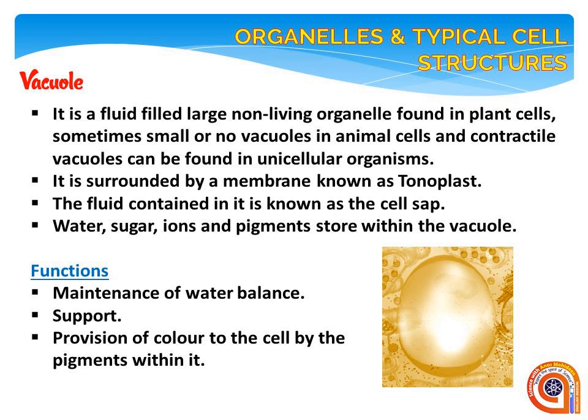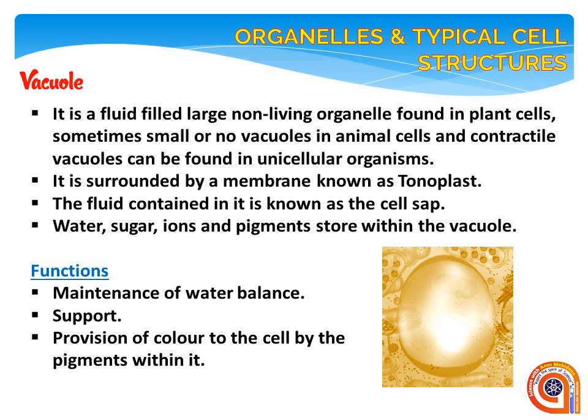So you see there, it is a fluid-filled, large, non-living organelle found in plant cells. Okay, the vacuole is non-living and it is filled with liquids. And these liquids, or the substances filled within the vacuole, is what we term as the cell sap. And the surrounding layer, can you see there is a layer outside?